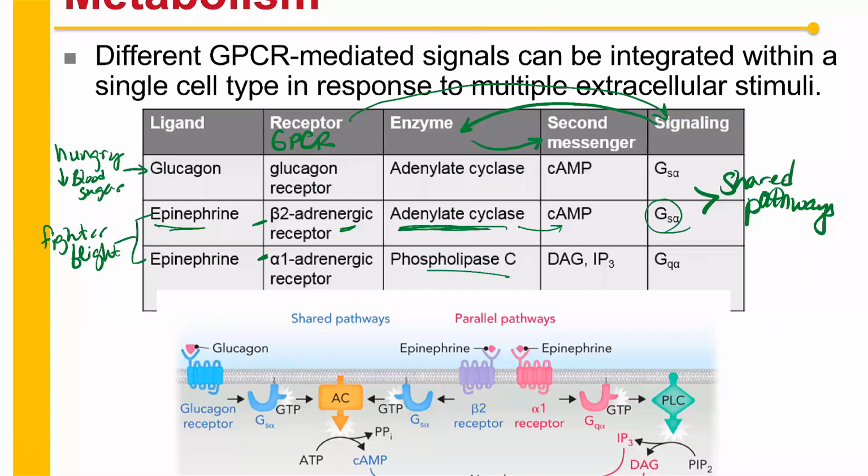One's adenylate cyclase and one's phospholipase C, or PLC. If you activate phospholipase C, it's going to cleave that membrane phospholipid into DAG and IP3, right? That was from the last unit. So both signaling processes are going to have the same result, but they're going to go through different pathways.